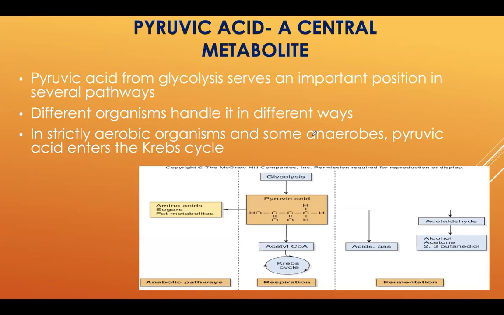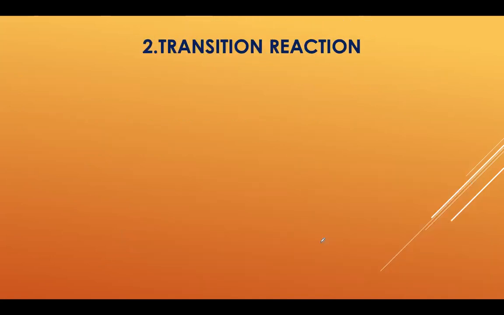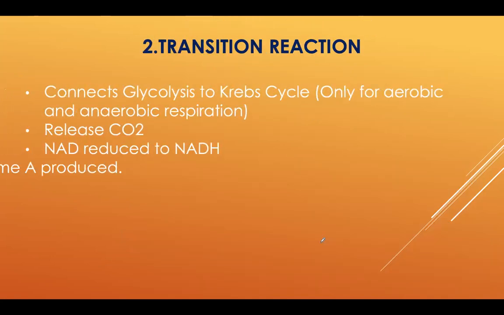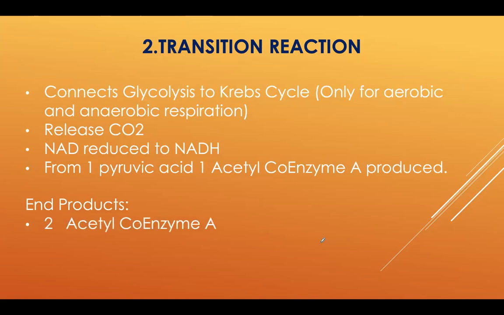Okay, so that's the transition phase. What happens is that pyruvic acid is converted into acetyl CoA. Okay, so during this time, from one pyruvic acid we get 2 acetyl CoA, 2 carbon dioxide and 2 NADH.